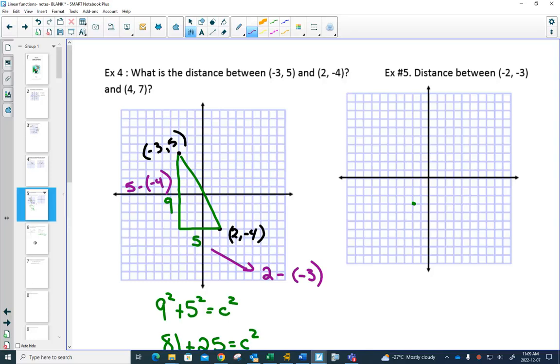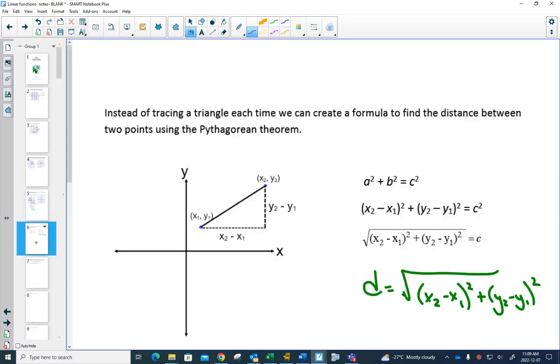So what we have in the formula is they say if you have 2 points, we will call our first point x with a little 1 and y with a little 1. That's just saying that's your first x coordinate, that's your first y coordinate. And then we take our second point and say that's x with a little 2 and y with a little 2.